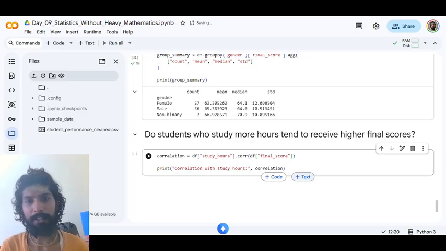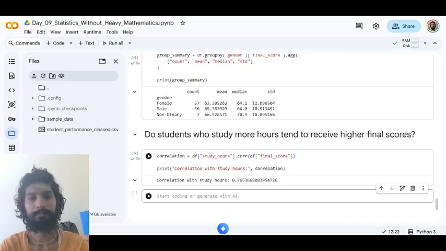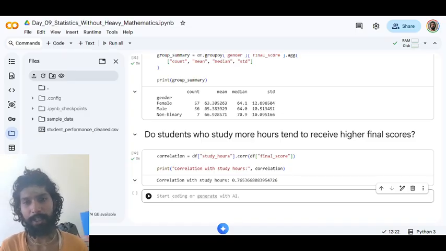Before running this cell, predict the sign of the result. Do you expect it to be positive, negative, or close to zero? Because studying more may be associated with higher scores, we may expect a positive correlation. Now run the cell. The value usually lies between -1 and +1.